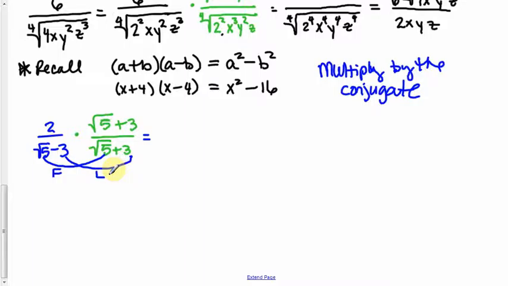Okay? So square root of 5 times the square root of 5 is 5. No radical. It's gone, isn't it? Isn't that lovely? And then negative 3 times positive 3 is negative 9. Just continue working in my denominator. 5 minus 9 is negative 4. Well, it doesn't get much simpler than that, does it?